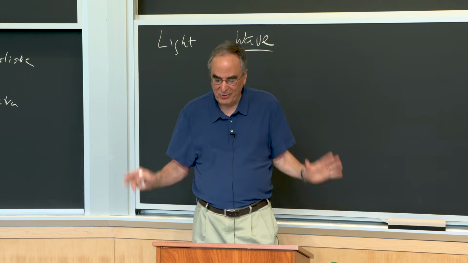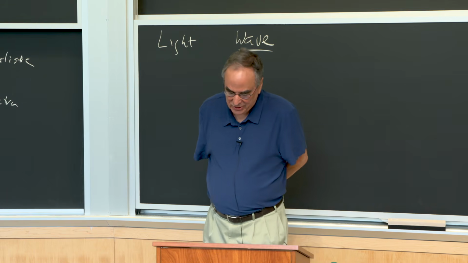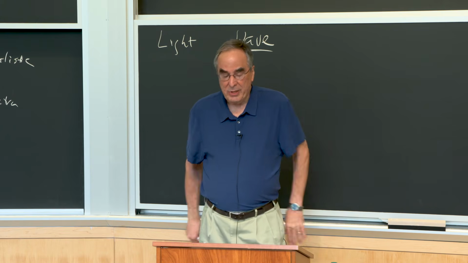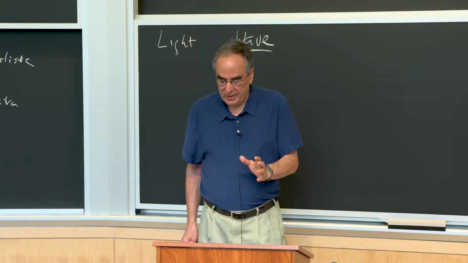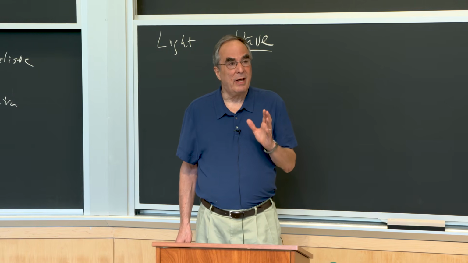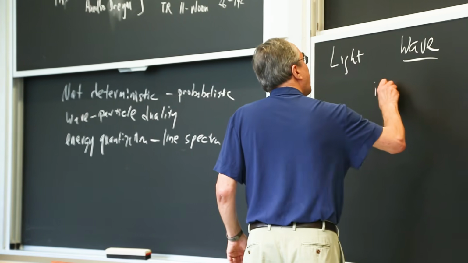This is a very beautiful thing, which I will talk about in a coming lecture, in fact, lecture number 3. So the key properties of waves are refraction, diffraction, the two-slit experiment, and behind that is interference effects.